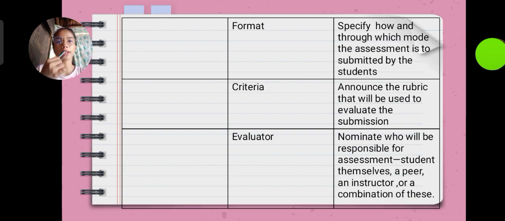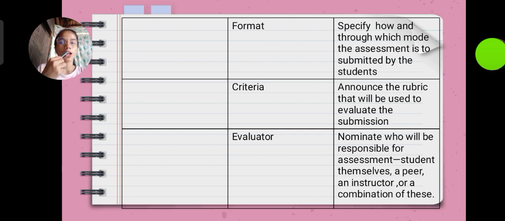Next is the format. Specify how and through which mode the assessment is to be submitted by the students. For example, in our other subject, which is handled by Ma'am Samantha, she gives us a format of the assessment before we submit it in the Google Classwork.